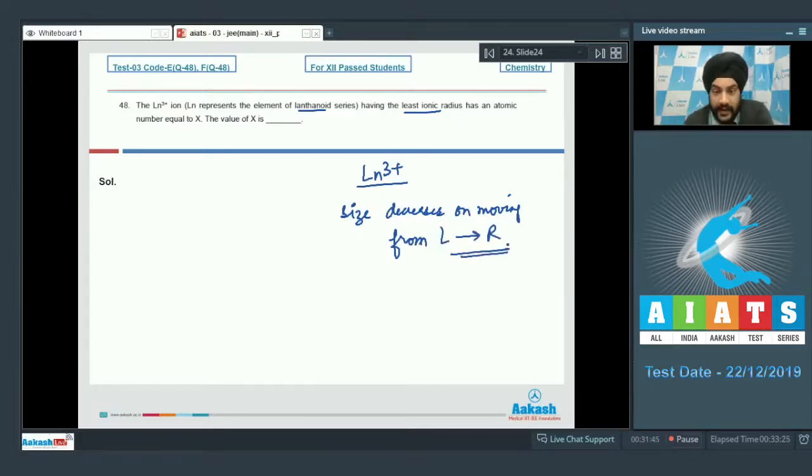So the Ln3 plus ion which is going to have the least ionic radius has to be the last element of the series, which is lutetium. And the atomic number of lutetium is 71. So for question number 48, we have to mark the correct answer as 71. Let us look at the next question now.